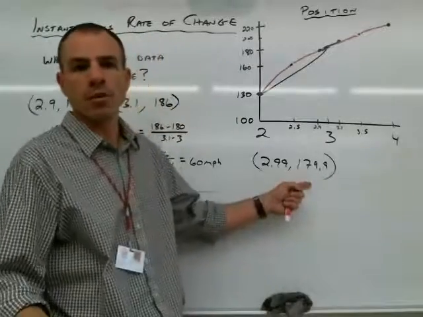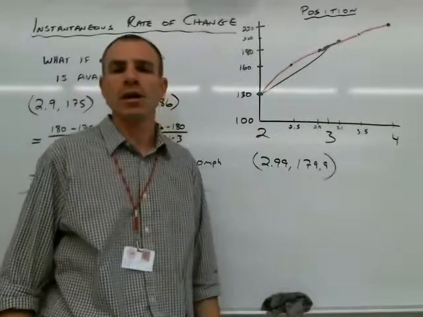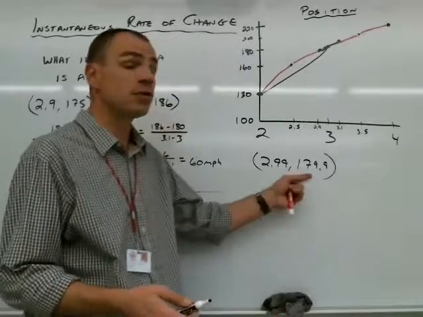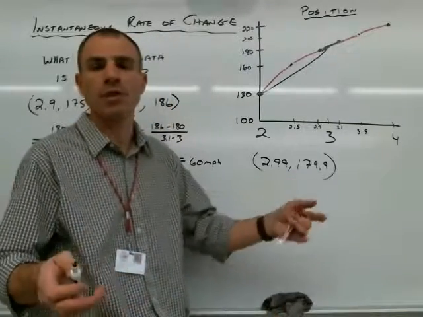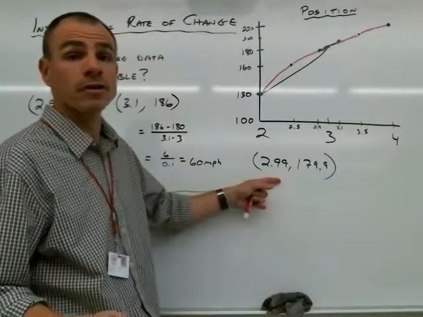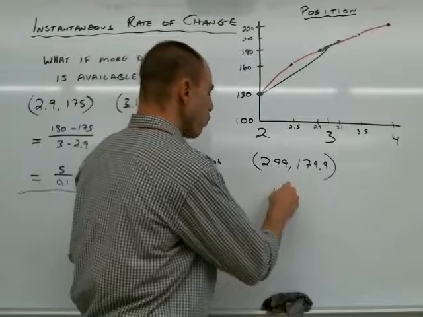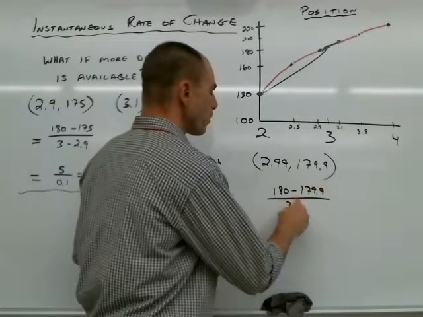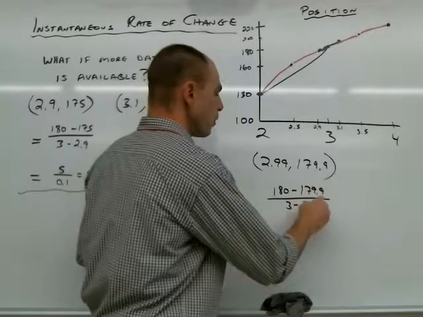Okay, and then there's the other point, which is 3.01 and 180.1. Okay, well, if we look at this data, I'm just doing one of the 2. All right, you can try the other one as well, that's no problem. If we look at this data and we were to do an average rate of change, we would have 180 minus 179.9 over 3 minus 2.99.